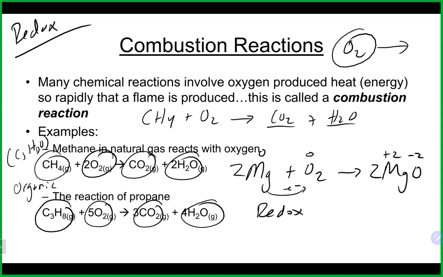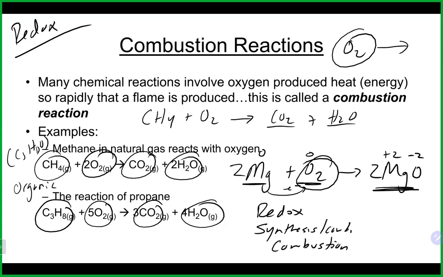That is also, if I'm not mistaken, two things makes one thing, which could be classified as a synthesis or a combination reaction. And if I'm not mistaken as well, I also see O2 on the left-hand side of the arrow, which means this one technically could be classified as a combustion reaction.